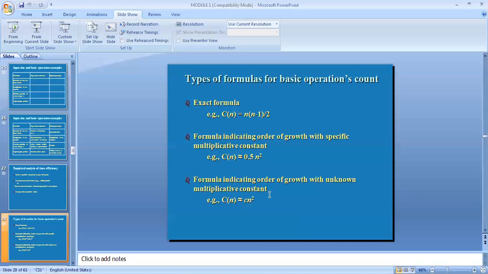The formula indicating the order of growth with an unknown multiplicative constant is C n squared. The same thing, but here we said specific multiplicative constant, and here we said unknown multiplicative constant.